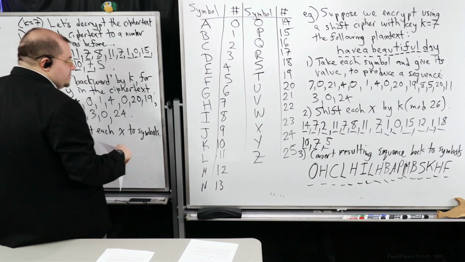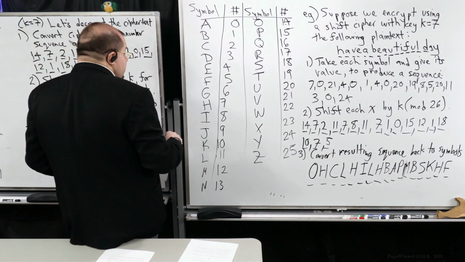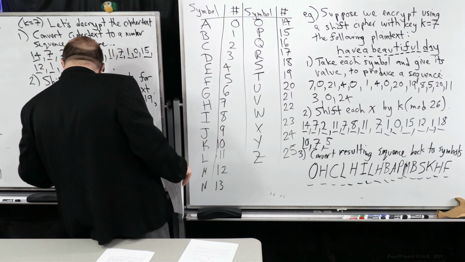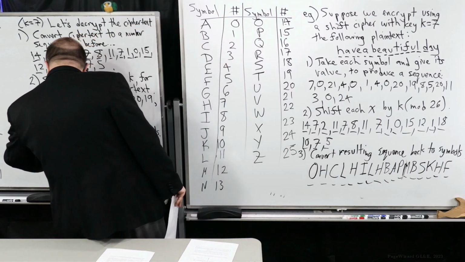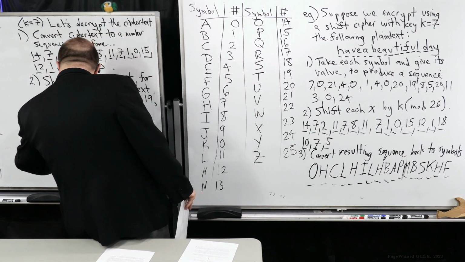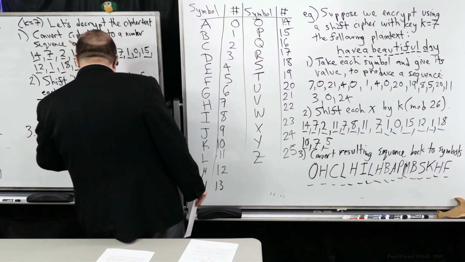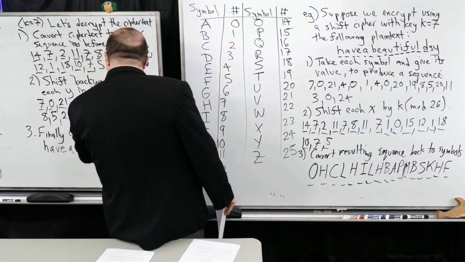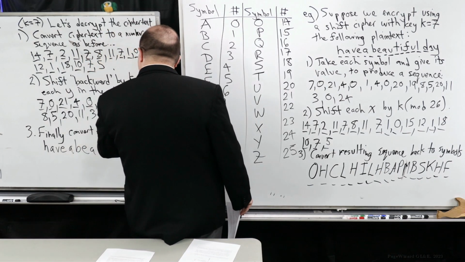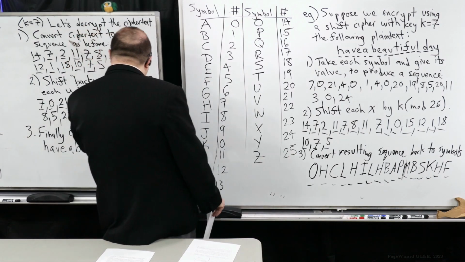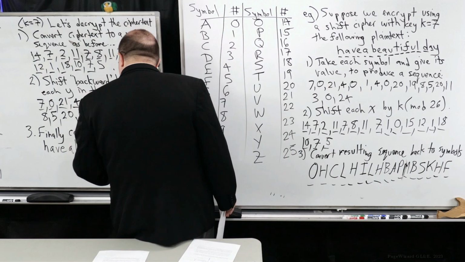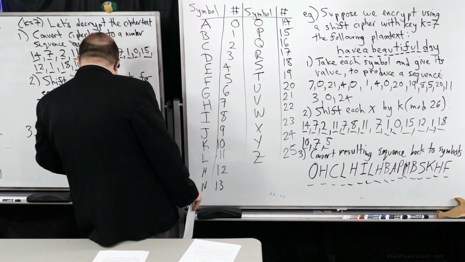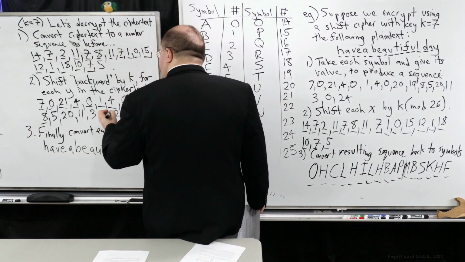So we got 7. 7 is H. 0, 1. 21. 21 is V. Whoops, I'm getting really excited here. 4, E. 0 is A. 1 is B. 4 is E. 0 again, A. 20 is U. 19 is T. 8 is I. 5, F.